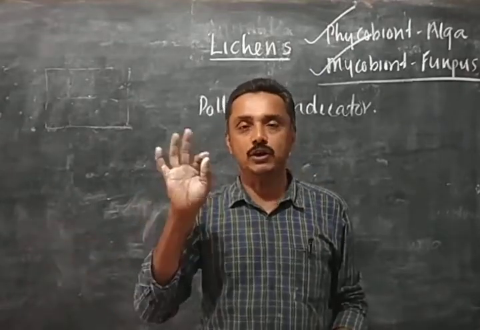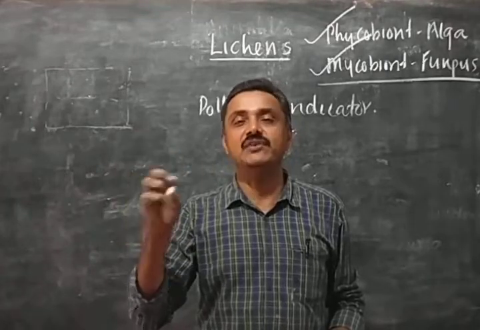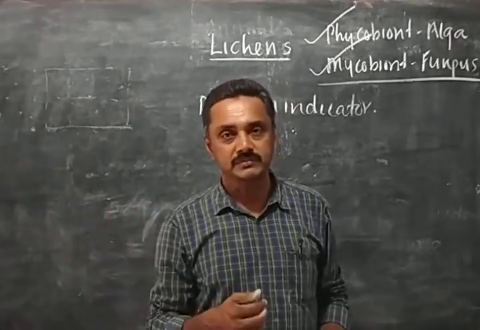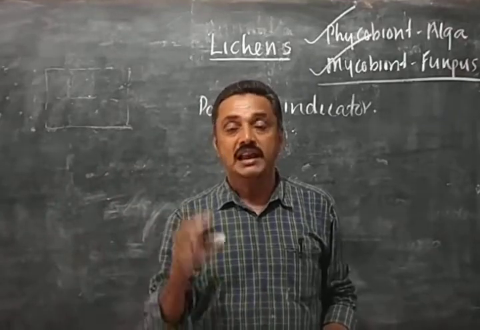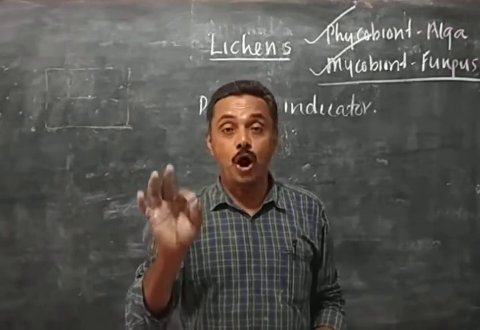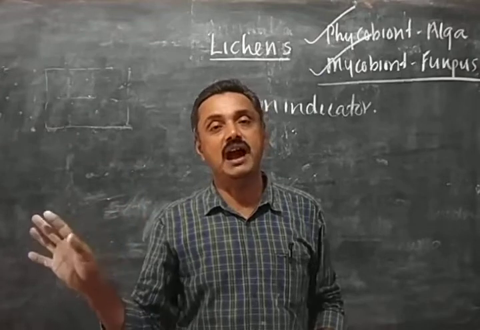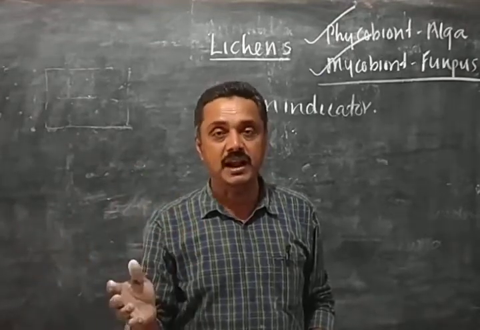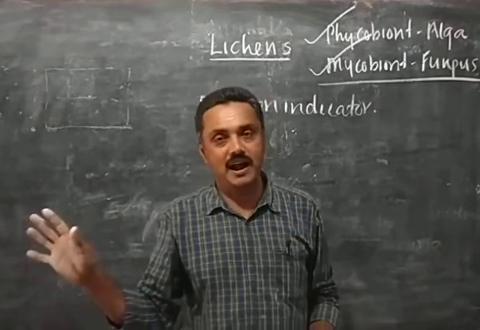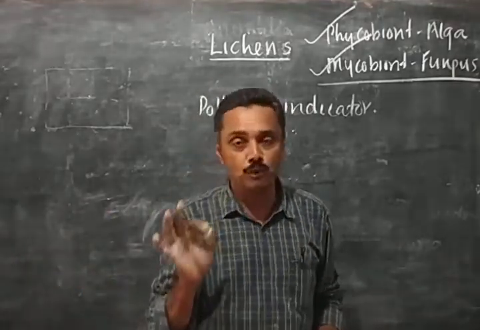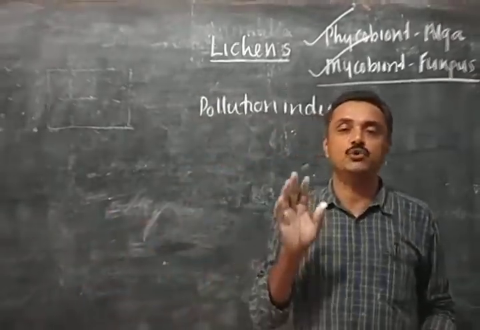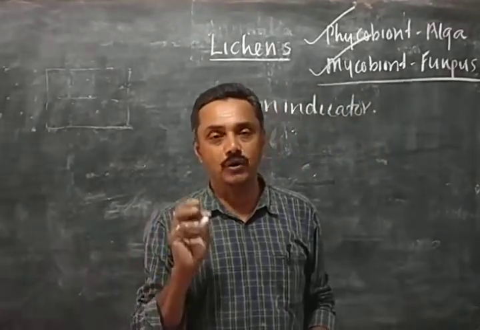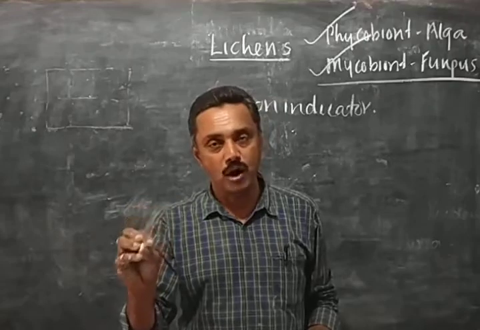So if lichens are present, what is the meaning? That area is a clean, non-polluted area. So lichens are usually called pollution indicators, because they grow in non-polluted areas only.